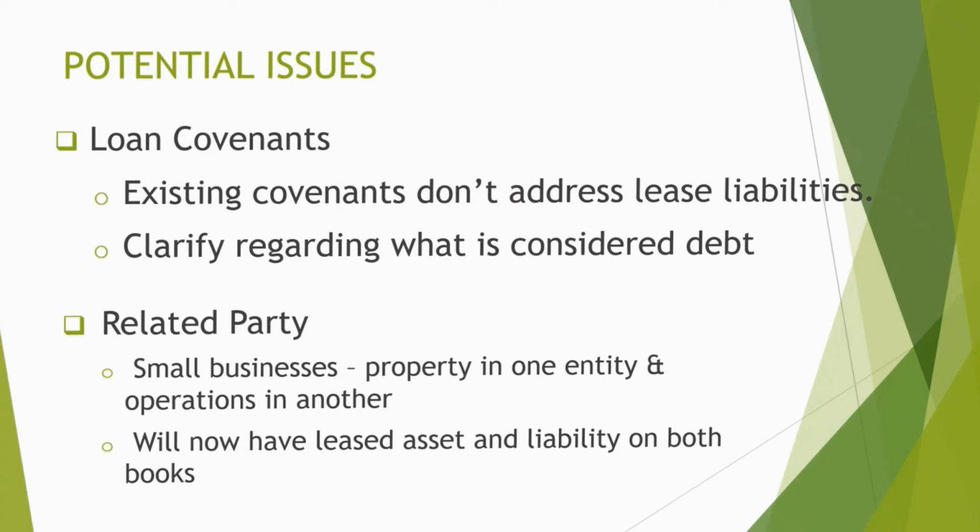Well, now we're going to have the fixed assets on both companies, and there's going to be liabilities potentially on both companies. So we want to make sure that we're not double counting it when we're looking at the owner's assets and liabilities as a whole.